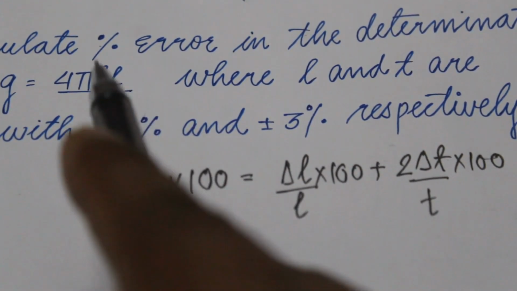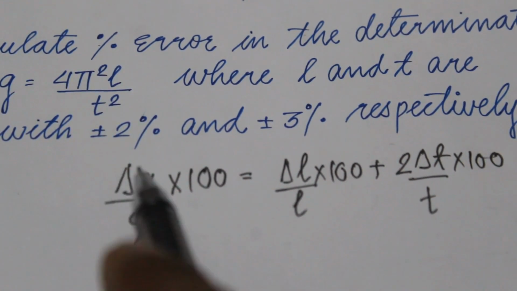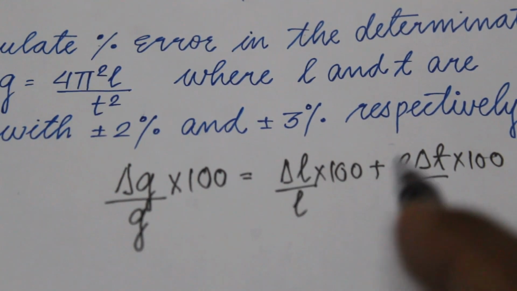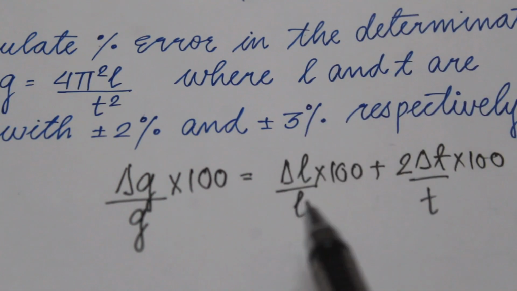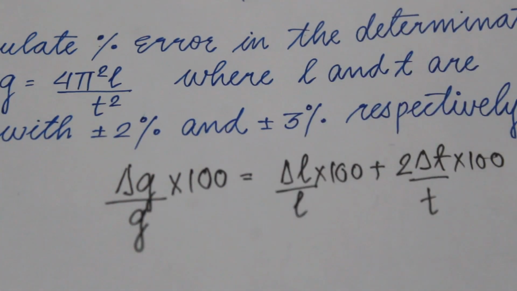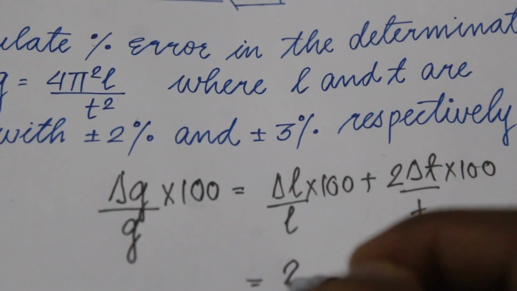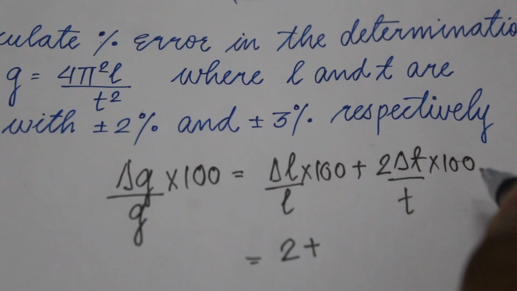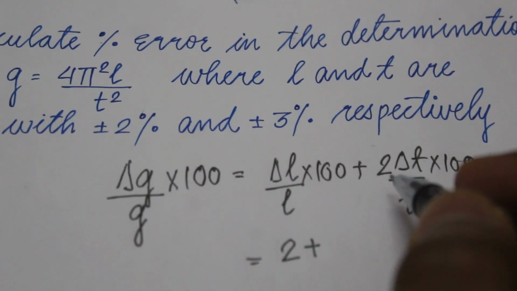Second thing, it is in the form of a quotient, so the formula for finding out error is delta g upon g is equal to delta L upon L plus 2 delta T upon T. Why did I multiply by 100? This is because we need to find out percentage error. So as we know, the percentage error in L is given to be 2 plus the percentage error in T is given to be 3%, but we have to multiply it by 2.